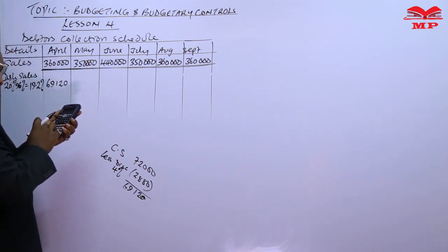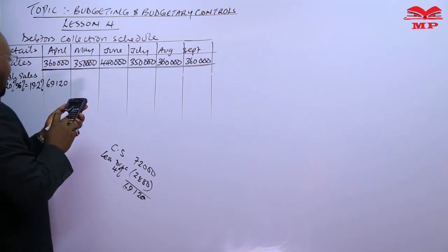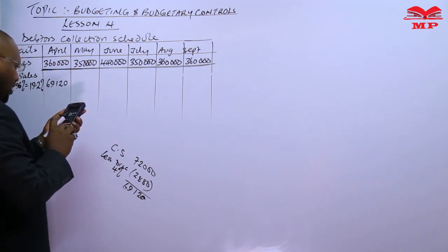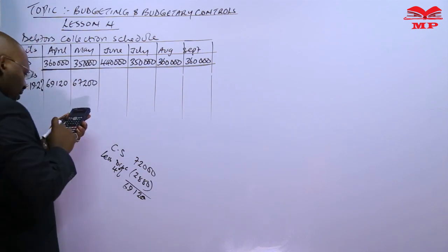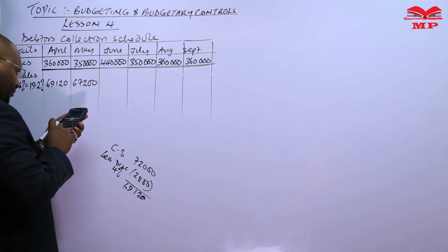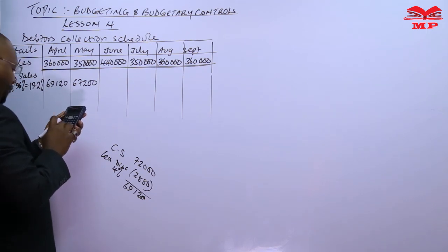So you have 0.192 times that 350,000. This is giving us 67,200. 0.192 times 440,000.